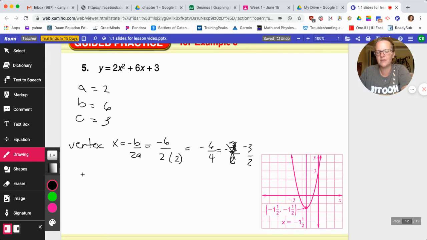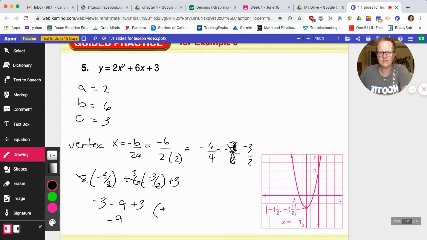If I put that in for my values to find the y that goes with it, a little bit messier. These cancel, I'm left with negative 3. 2 goes into 6 3 times, minus 9, plus 3, so a negative 9.